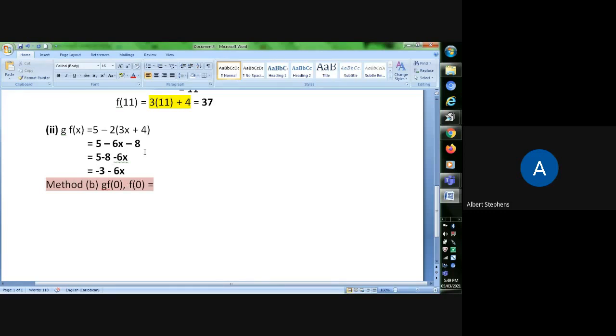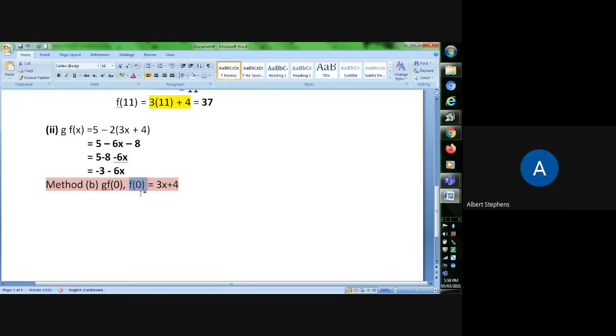F is 3x plus 4. Remember, I'm using method B. So with method B, we find F of 0.